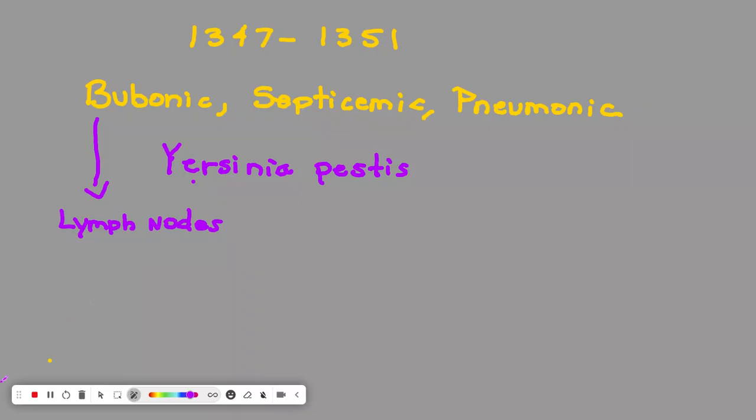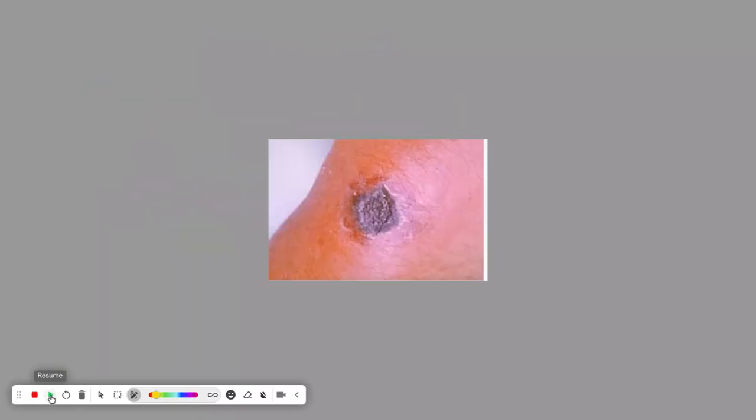Let's get a little picture of that if we can. So there's a picture of buboes. So again, with the bubonic plague, they have these swollen, swollen and painful lymph nodes.